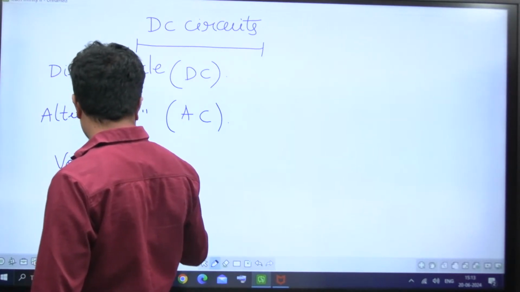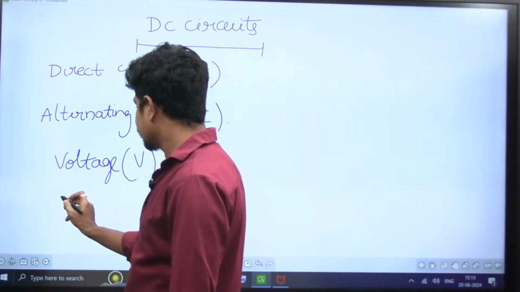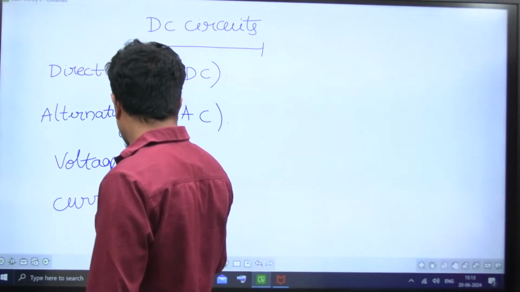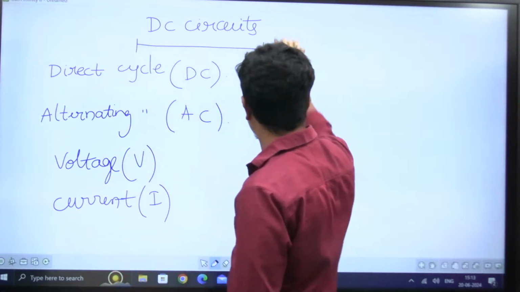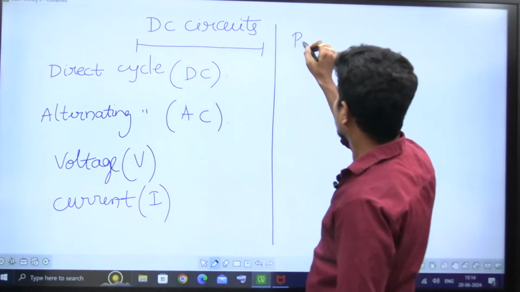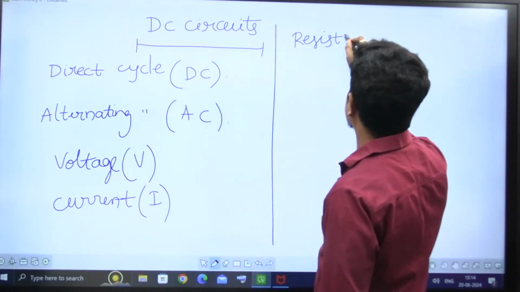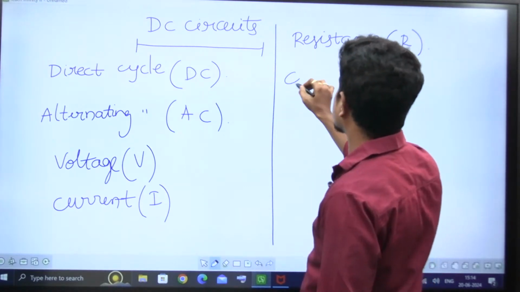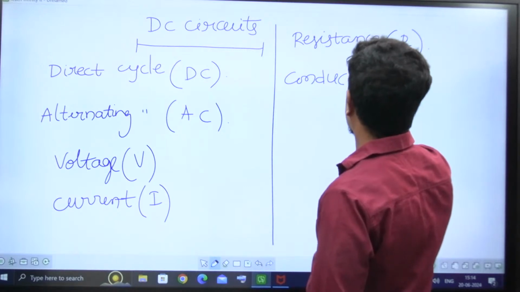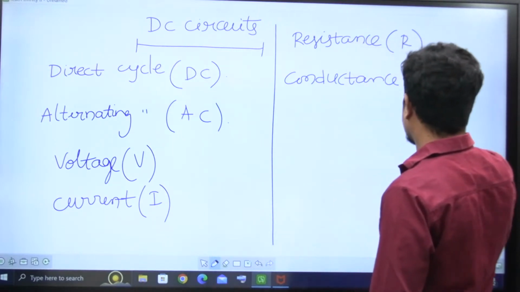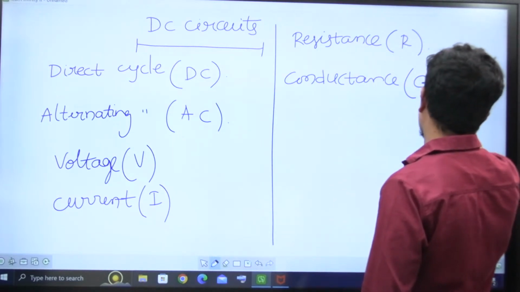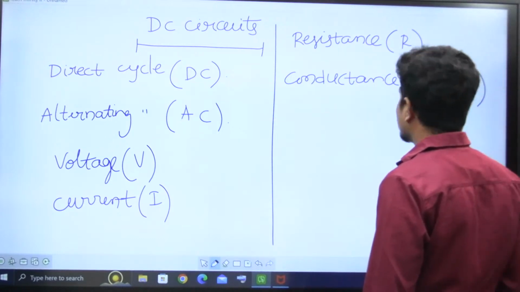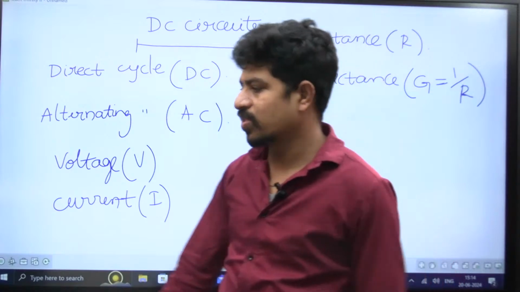Voltage is represented with symbol V, then current is represented with symbol I, then resistance is represented with R, and the reciprocal of resistance is conductance. Conductance is represented with G, that is equal to the reciprocal of the resistance. So we have these things with us.